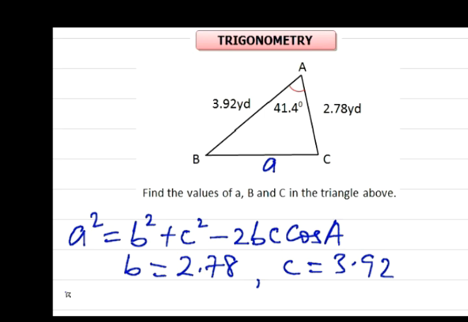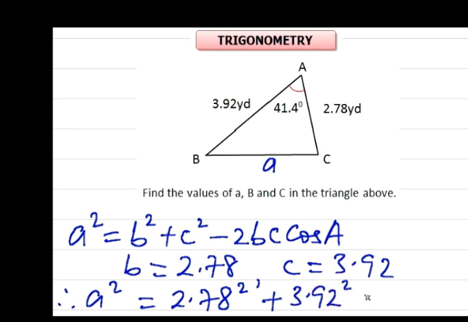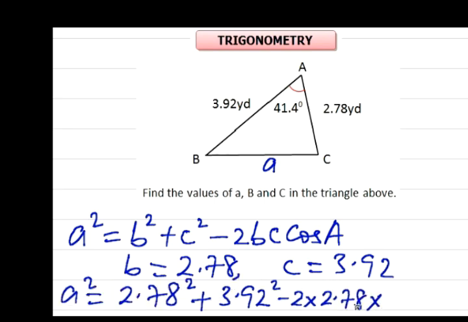Therefore, our A squared is equal to 2.78 squared plus 3.92 all squared, minus 2 times our B, 2.78, times our C, it's BC, this is our B, then C, 3.92 cos A. What's our A there?